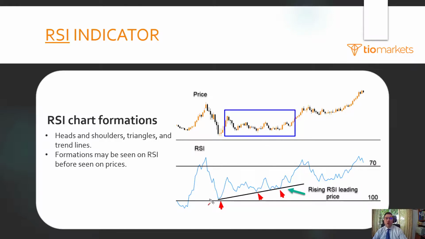So RSI in this case was leading, telling the trader that prices were in fact eventually going to move higher, which they have. So rising RSI is leading price here. You could plot your trend lines on RSI the same way that you plot trend lines on price.